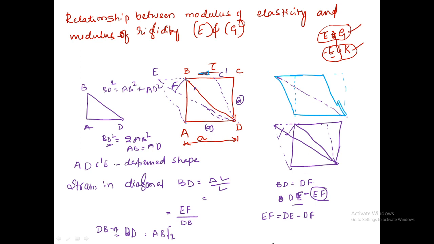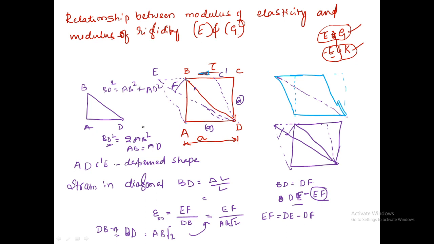Now if you substitute in the above equation for strain in diagonal BD, this is EF divided by AB into root 2.